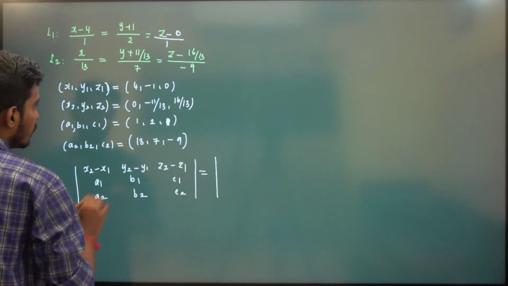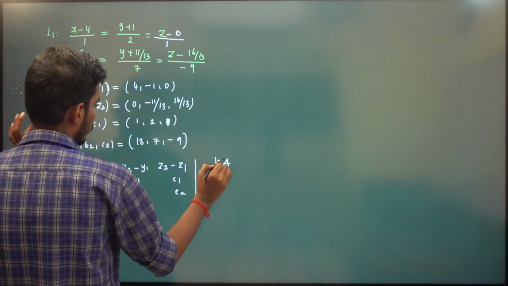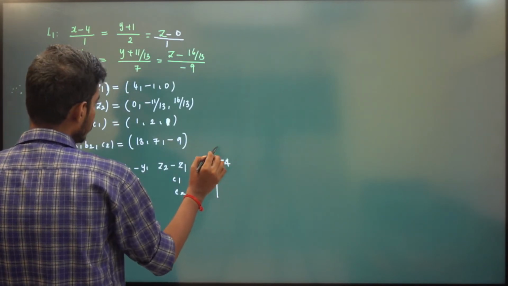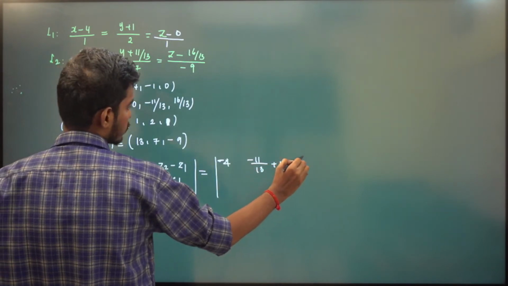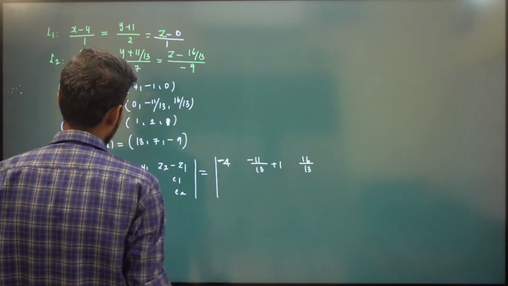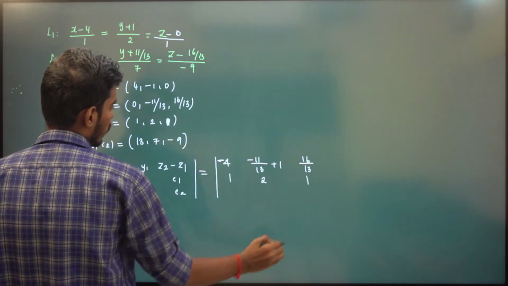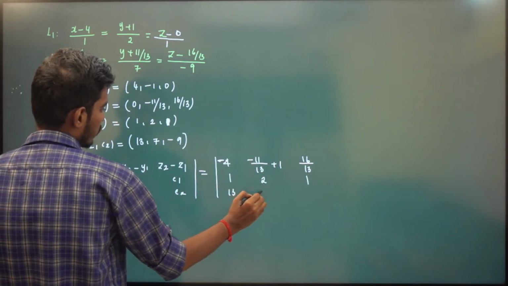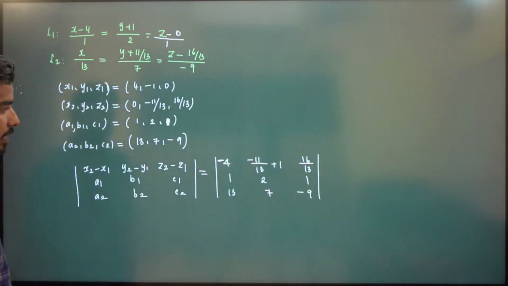So this will be the determinant of x2 minus x1, which is minus 4, minus 11 by 13 plus 1, 16 by 13, a1, b1, c1, a2, b2, c2, right?